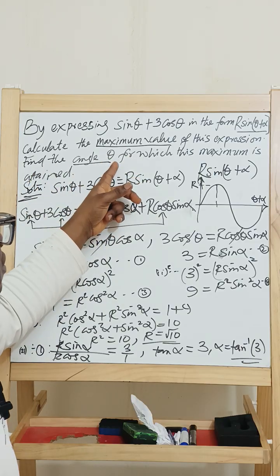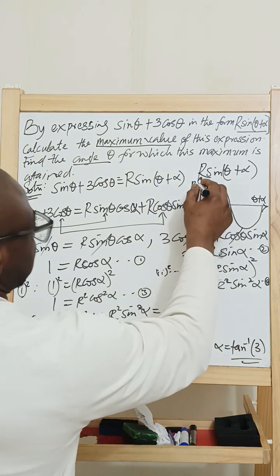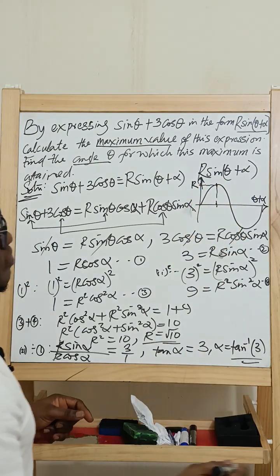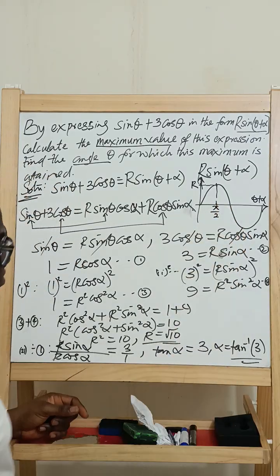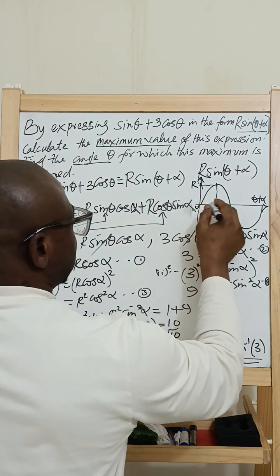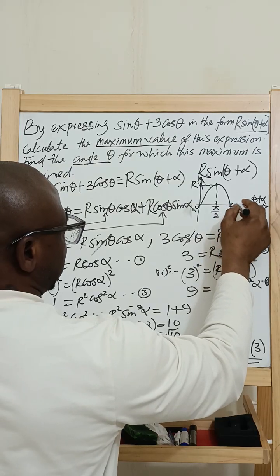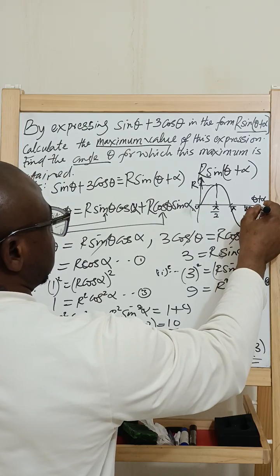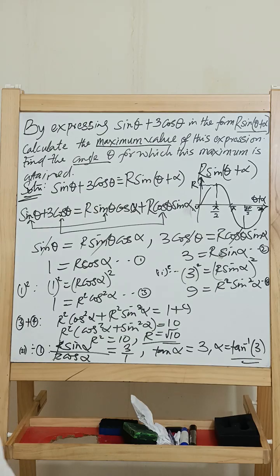But we are asked to find the angle theta for which this maximum is attained. The maximum for sine is at pi over 2, that is 90 degrees. The angles go 0, 90, 180, 270 and 360, so the maximum is attained at pi over 2.